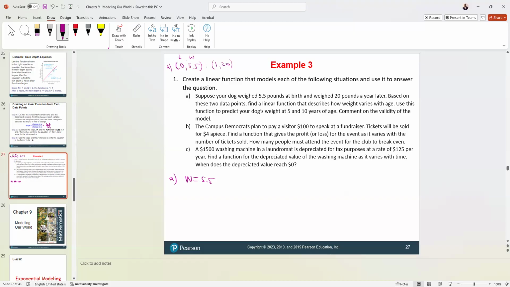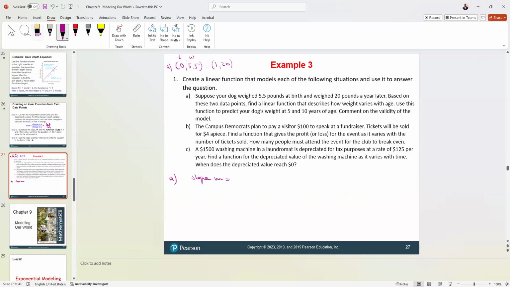So what I would do in this case, because I have 2 points, because they give me two very important pieces of information, I can write it as y, because remember we said we do it with two variables. We're not doing x and y, but anyway, slope m is the change in the y values.